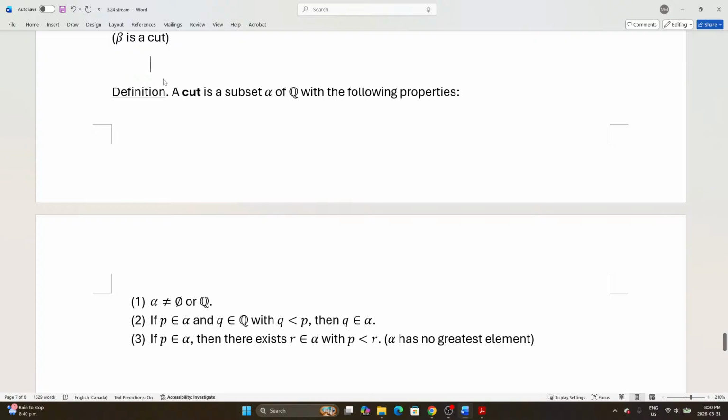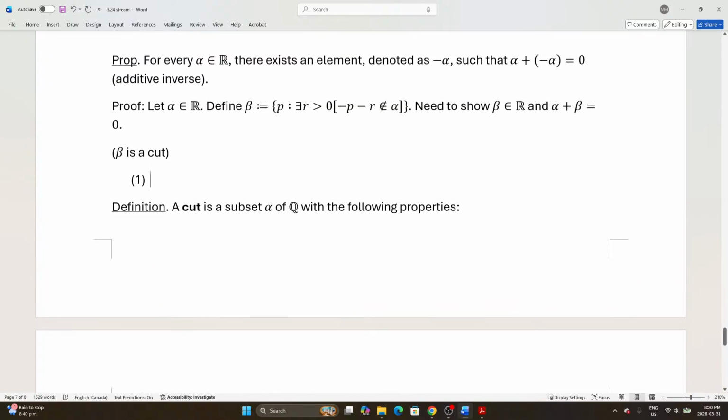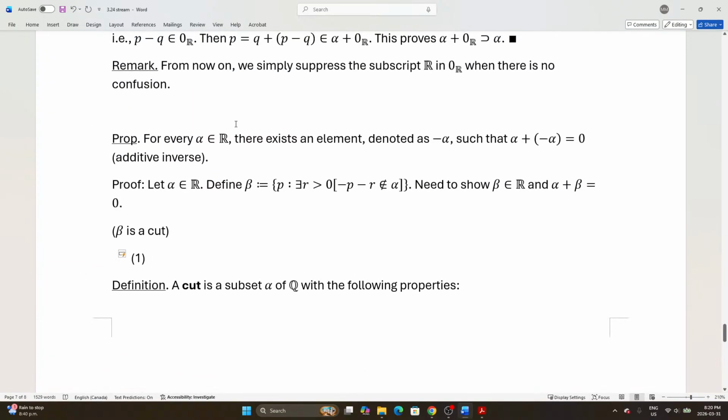How do we do that? How do we show that beta is not empty? Well, we need to find something in beta, right?